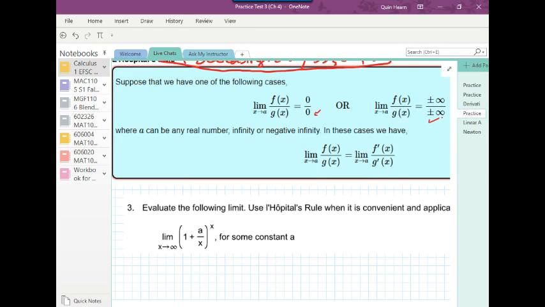So when you're trying to find a limit and you get one of these indeterminate forms, L'Hopital's rule tells us that as long as it matches one of these indeterminate forms specifically, because there are other indeterminate forms, then we can use L'Hopital's rule.